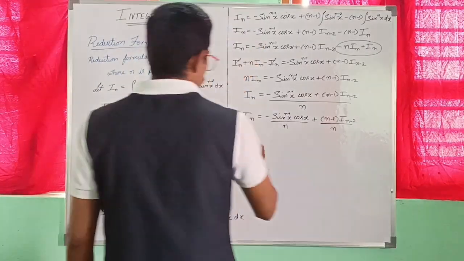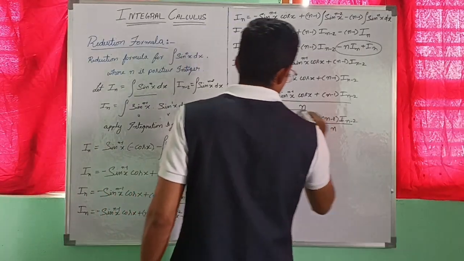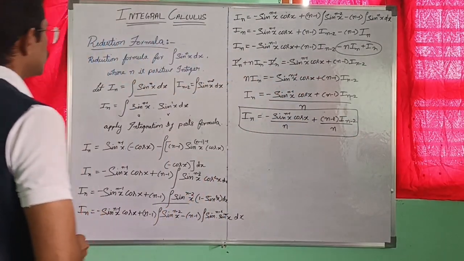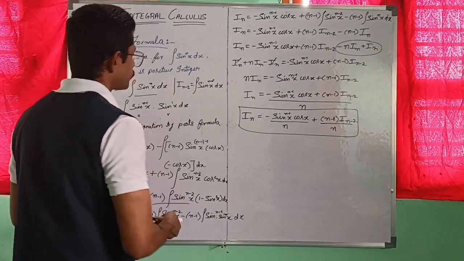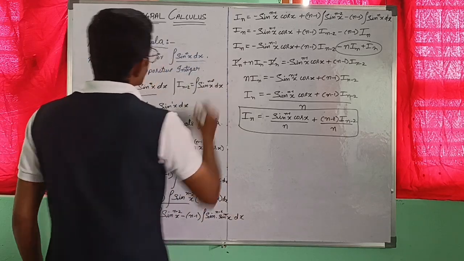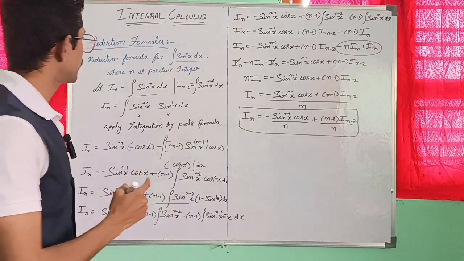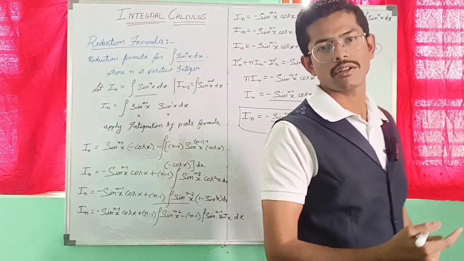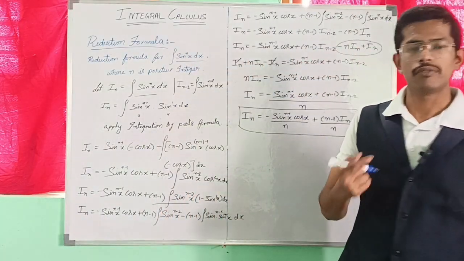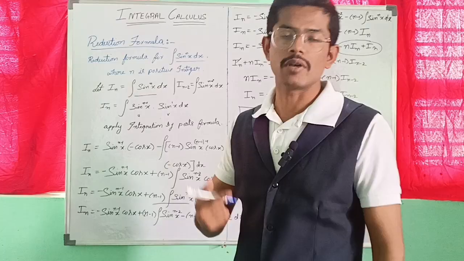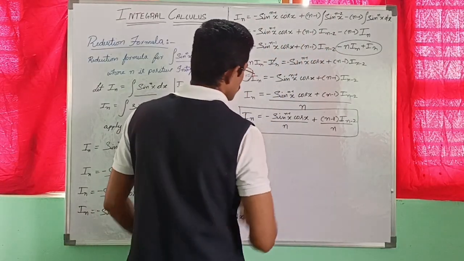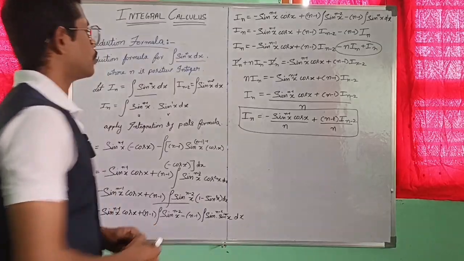So this is the reduction formula for the integration of sine power n x dx.